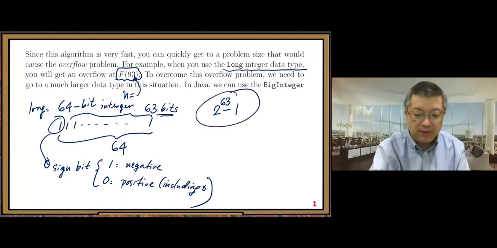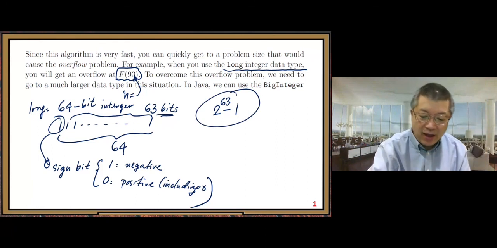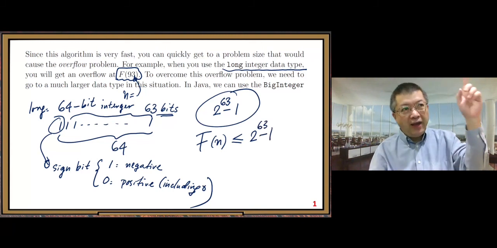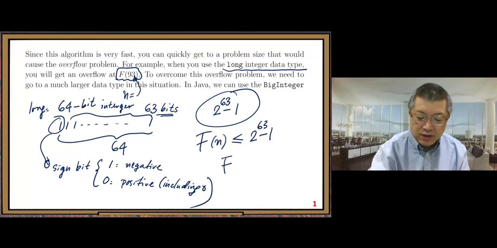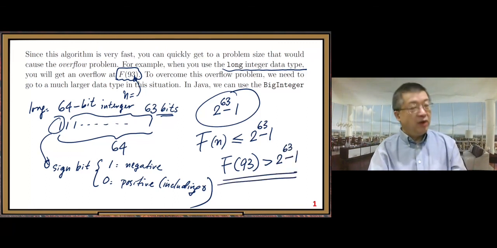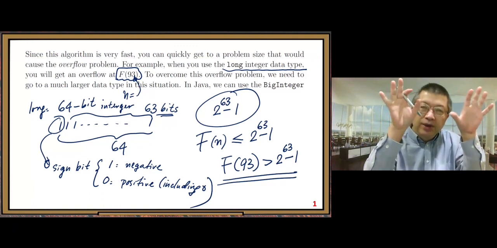So you get this number. Then your Fibonacci number f of n should be less than or equal to this number. Then it's very easy. 93 will be greater than this number. We have a formula, we can do calculation. We do not even need to, we can do an experiment.